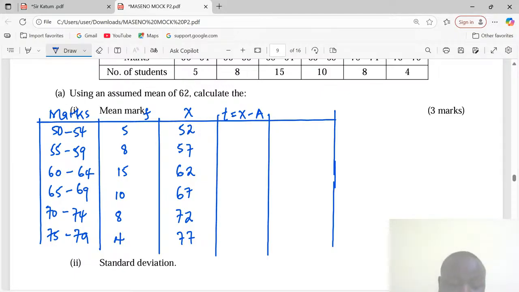I hope we are together this far. So let's now compute very quickly the values of t from my calculator. I hope that you are also working out from your side. Through these, you will be able to tell when maybe a mistake is happening.